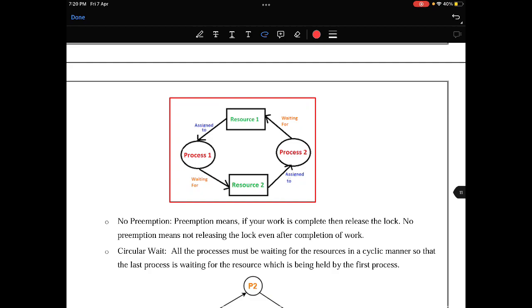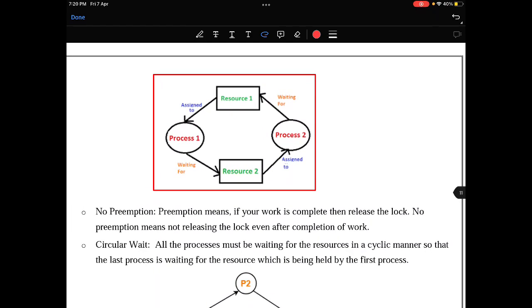The next condition is no preemption. Preemption means first complete the work and release the lock. Complete the work and release the resource. No preemption means if the process is not releasing the lock, in that case deadlock will occur.